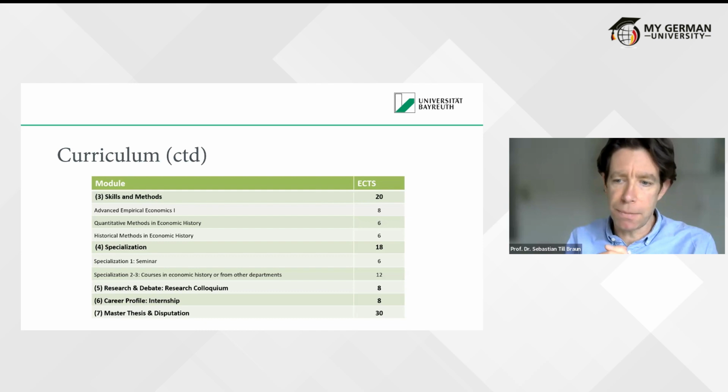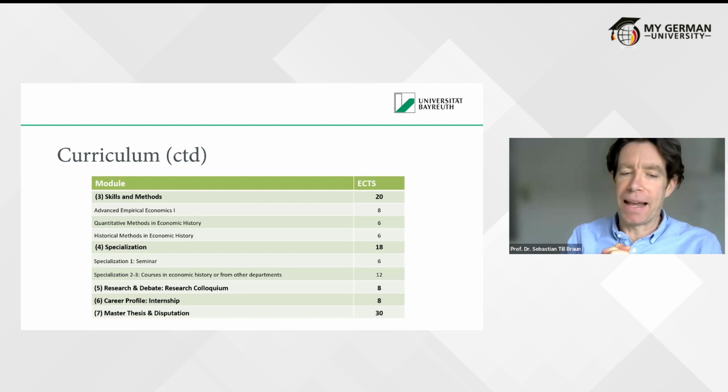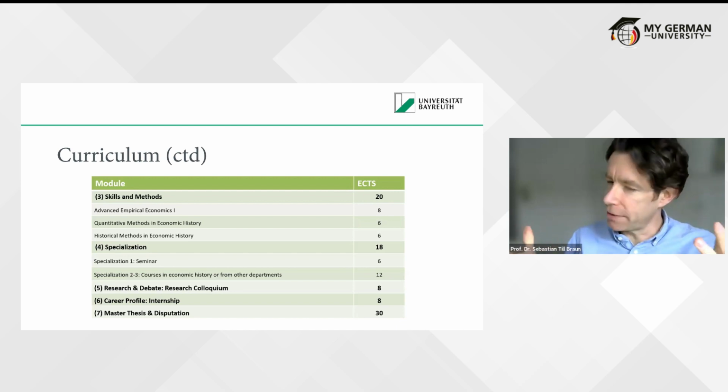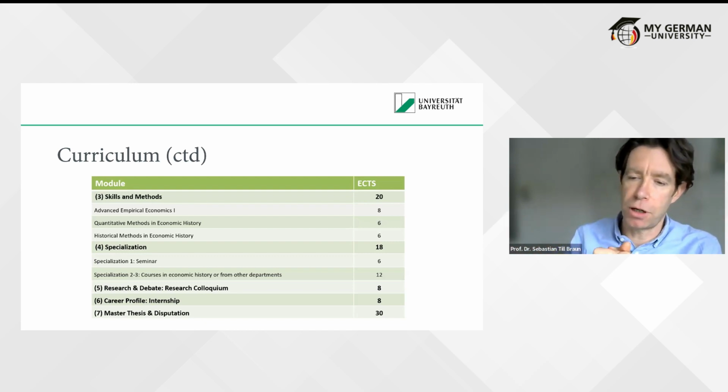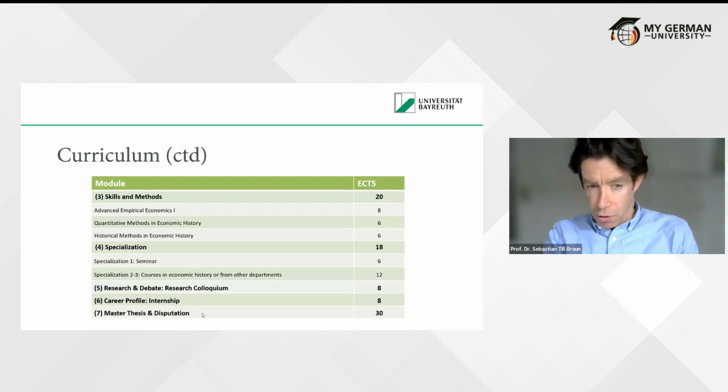We do have the internship in this program as well. We have it here as a compulsory component, even though in principle you can typically also use internships that you have done before. And you have the master thesis at the end of the degree program.